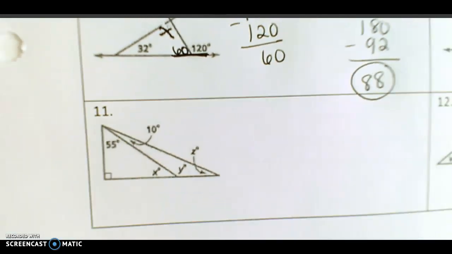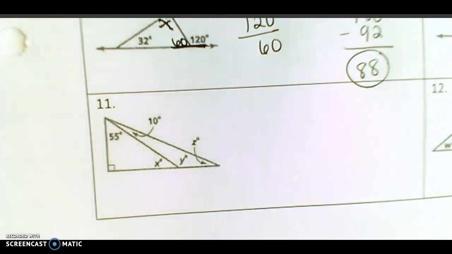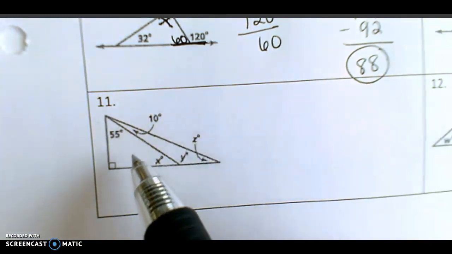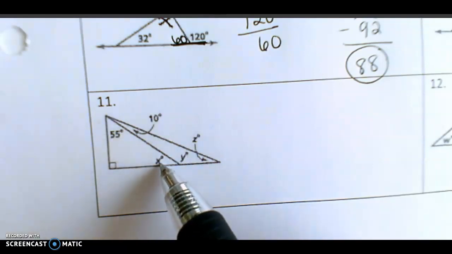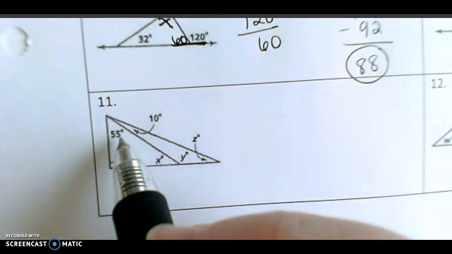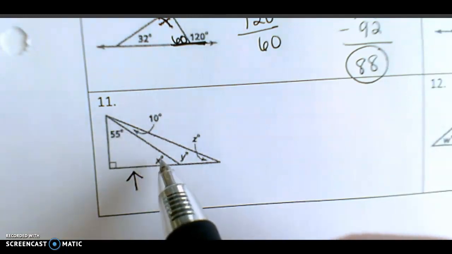Number 11 looks a little more complicated because there are a lot more moving parts, but you're still just subtracting from 180 a bunch of times. Start with the part that has two angles. I have a 55 and a 90 here, so I'm going to add those and subtract from 180 to get x.